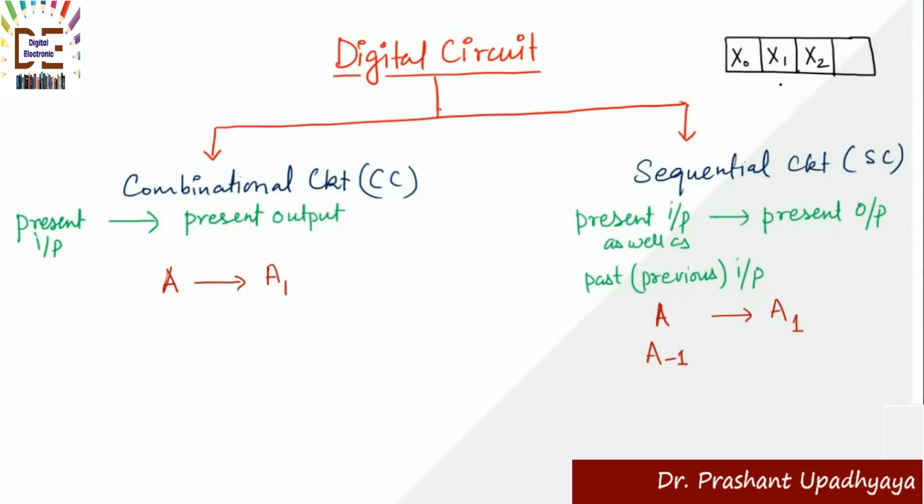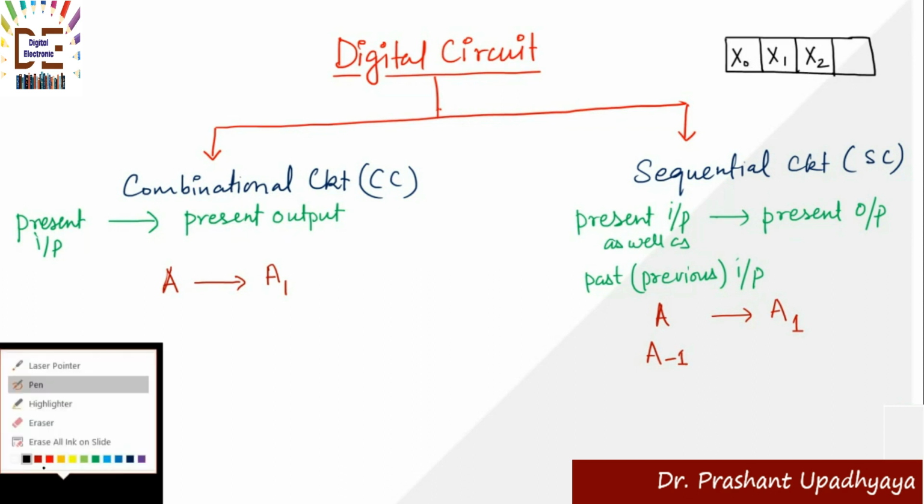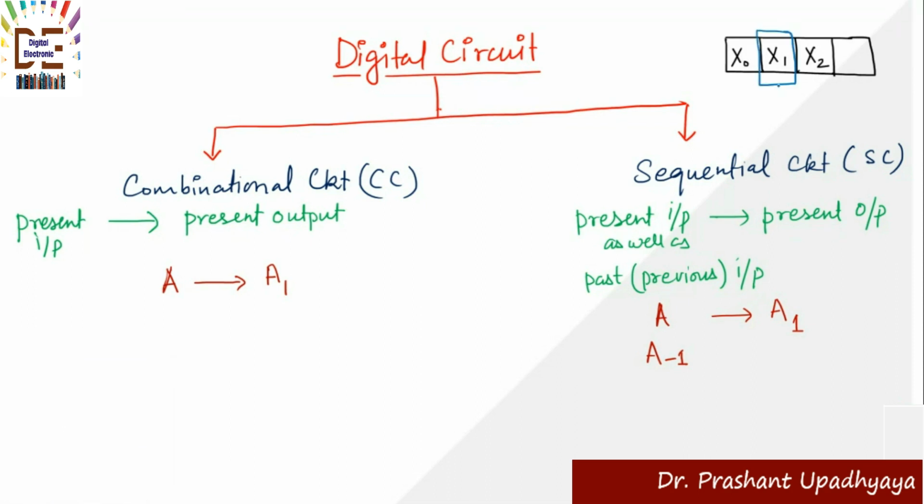If I take x1, with the help of x1 I am getting the output y1. So this is known as the present input and present output. This is my input and this is the output I am getting. So what will be my past input? My past input will be x0.